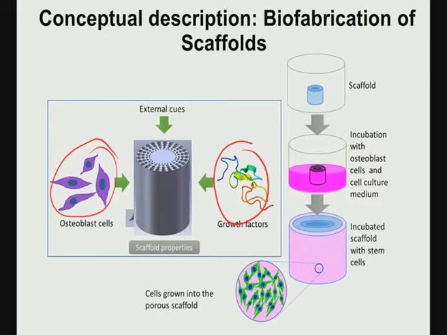These cells can be any type, and you give some external cues, like electric field stimulation or mechanical stresses, or some fluid shear for cartilage applications, or mechanical stress for bone applications during the biofabrication of the scaffolds.